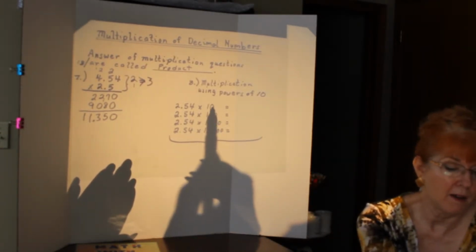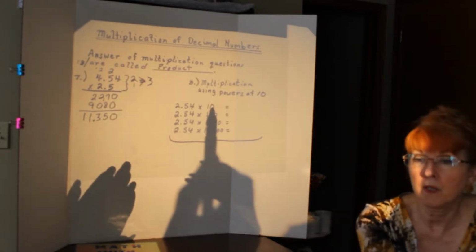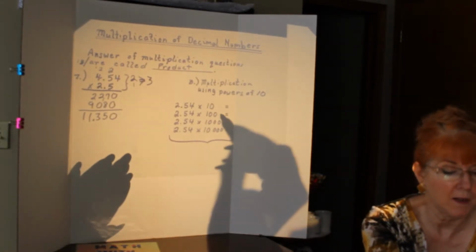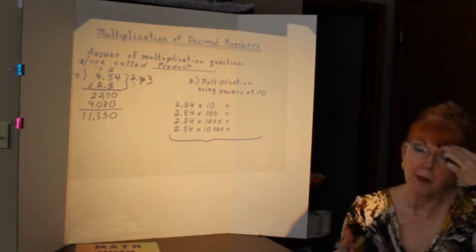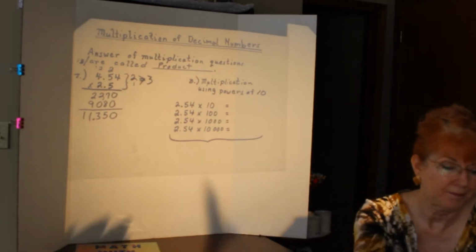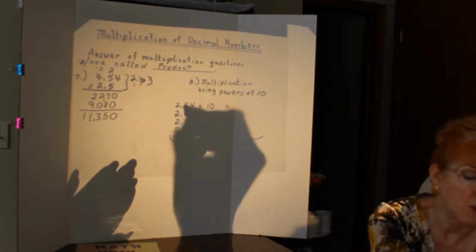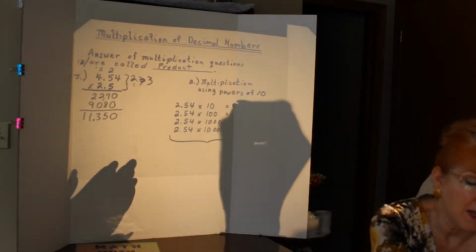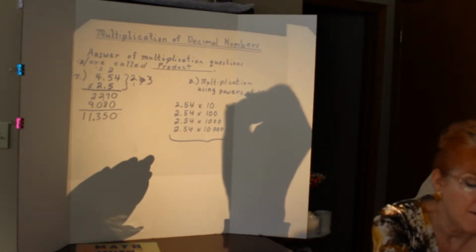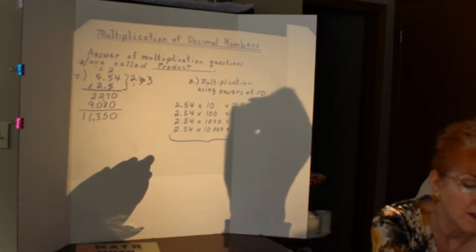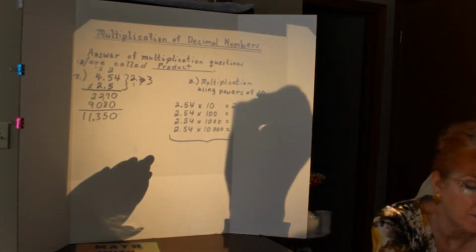So I have 1 zero in 10. That's easy to see. So we are going to move the decimal 1 place to the right. So 2.54 will now be 25.4.